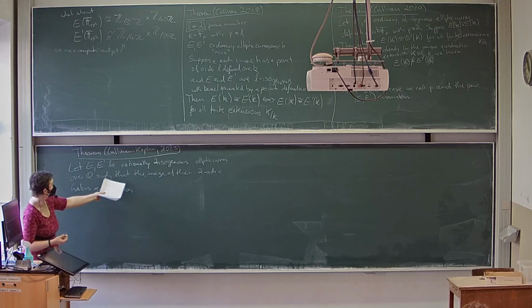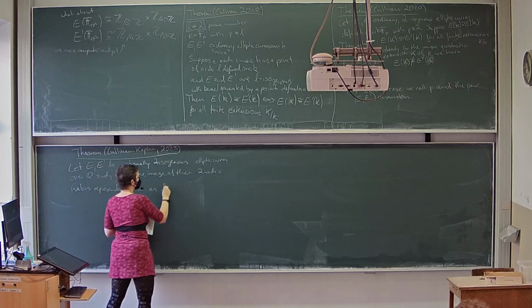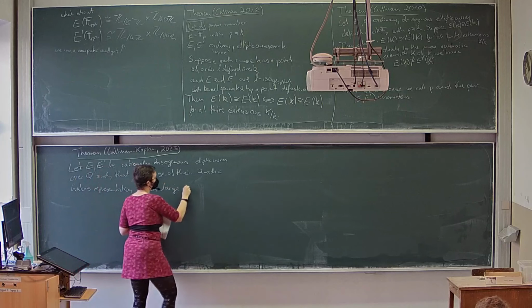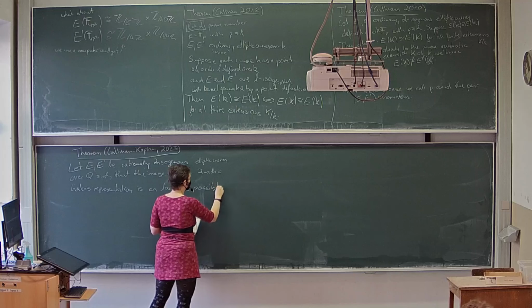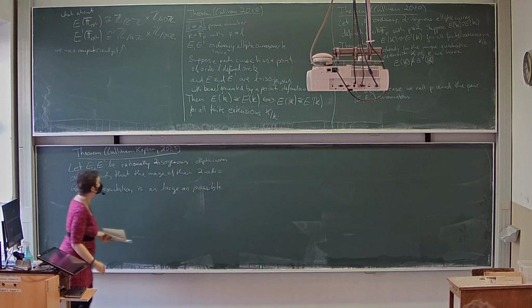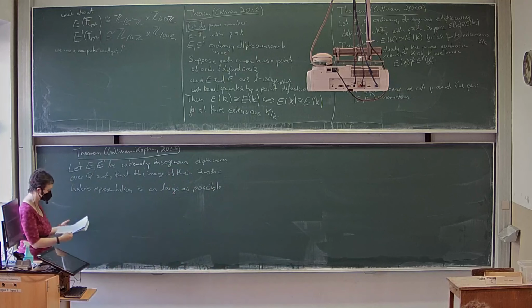And the condition here is that the image of this two-adic Galois representation is as large as possible. For the moment, it's not important what that means, as large as possible, but it's important that it has something to do with this Galois representation and with the image of it.